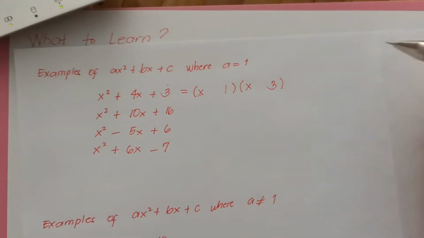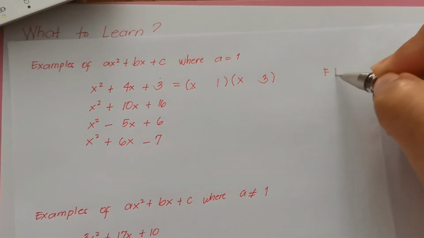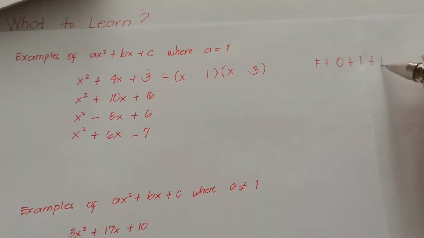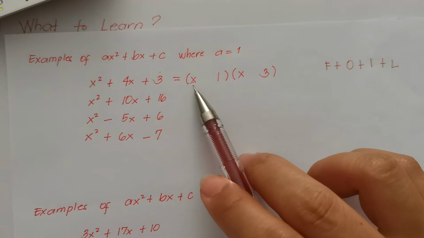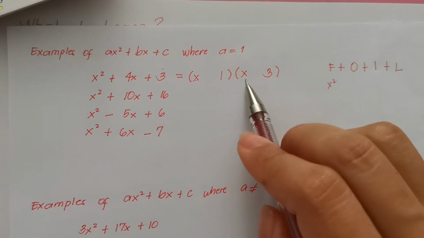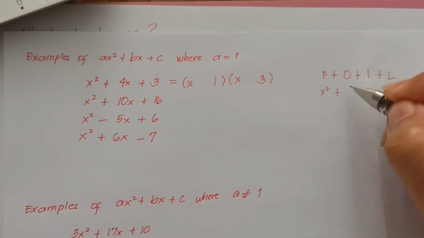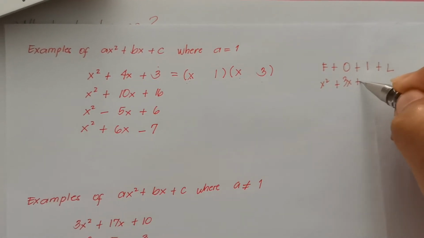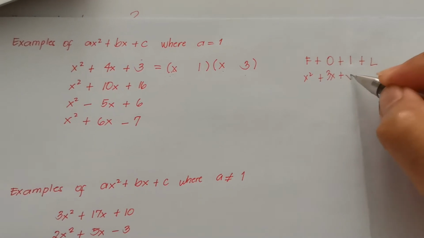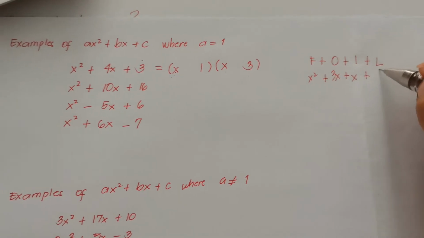Take note, when doing the FOIL method, it is the product of the first terms plus the product of the outer terms plus the product of the inner terms plus the product of the last terms. The product of the first terms is x squared because x times x. The product of the outer terms, x times 3, gives plus 3x, plus the product of the inner terms, 1 times x, which is x, plus the product of the last terms, 1 times 3 equals 3.